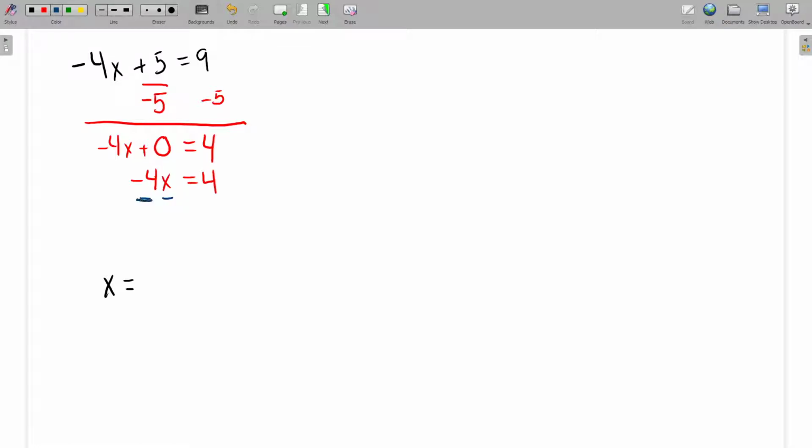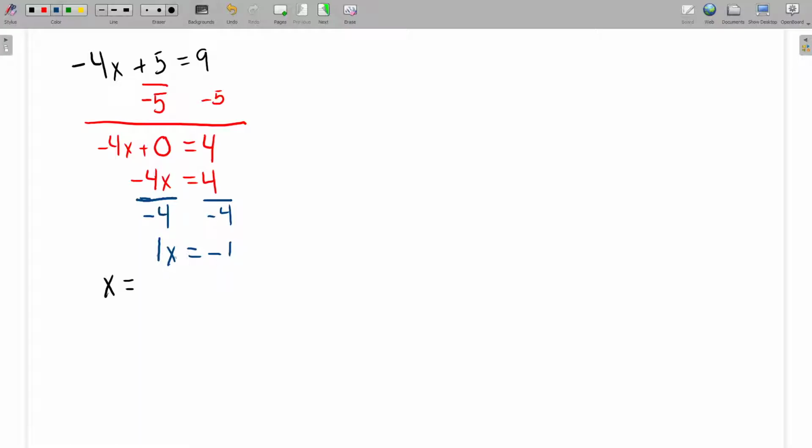So I want to divide by this number in front of x. I want to divide by negative 4. And I'm moving it across the equals, so I need to divide the other side to keep my equation balanced by negative 4. All right, so negative 4 divided by negative 4 is going to be 1. x is equal to, and 4 divided by negative 4 is going to be negative 1.